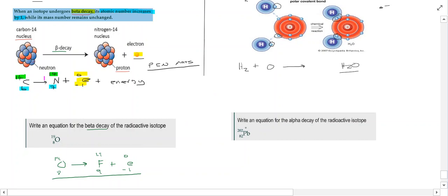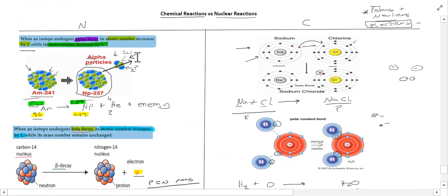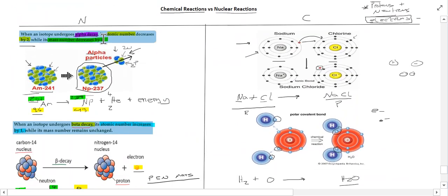If we have a look at this one, write an equation for the alpha decay of the radioactive isotope. So this here is lead. We'll write this down: Pb, with 82 protons, and its mass number is 202. Now, if we go back up and look at alpha decay, with alpha decay the atomic number decreases by 2 while the mass number decreases by 4.